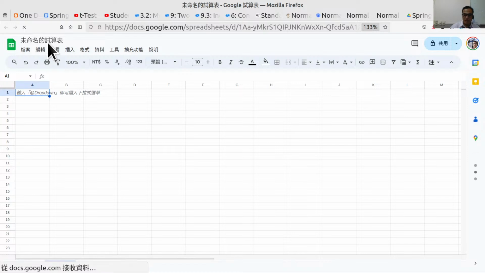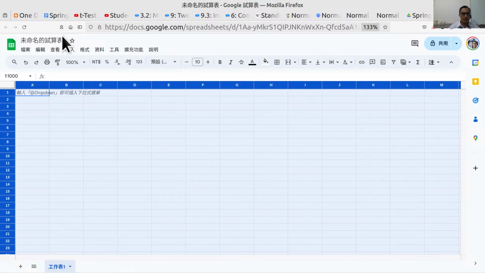Here, the date is 2024 May 15th. The independent t test, t should be lowercase, from chapter 9.3.1.